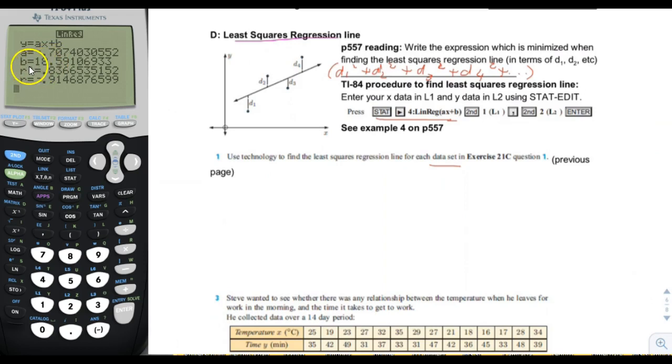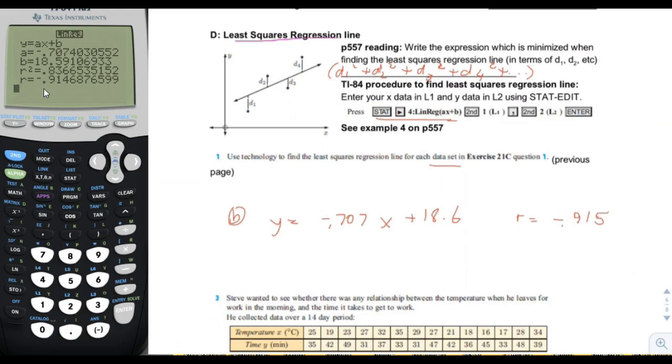And so my equation for B is going to be y equals negative 0.707x plus 18.6. Okay, and the R value here, just in case we want it, which they don't ask for, is negative 0.915. Okay, so you can see how to do each one.